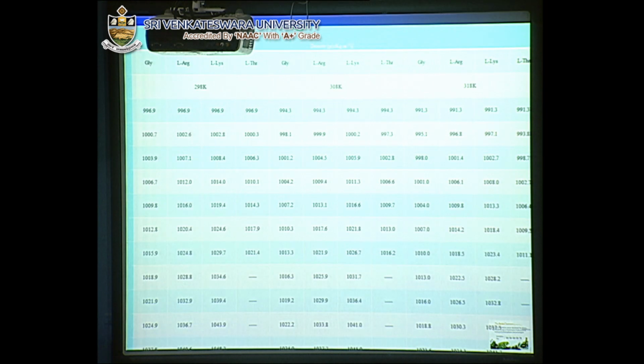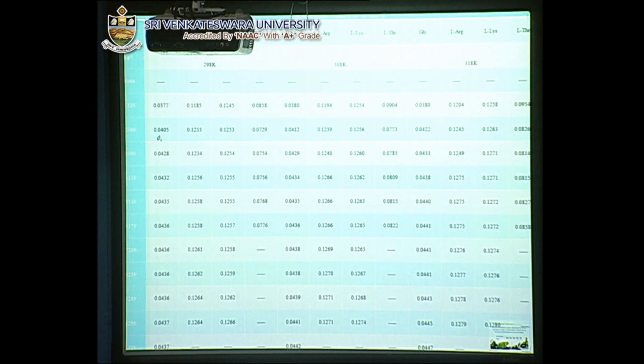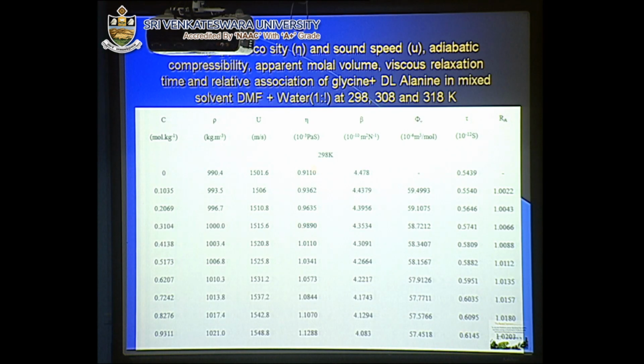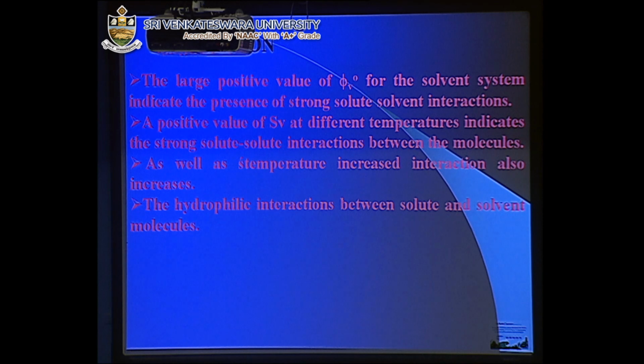This is with glycine, L-arginine, L-lysine, threonine, at three different temperatures. These are the results. And this is with glycine plus DL-alanine in a mixed solvent DMF-water system. This is mixed solvent studies, and in this we conclude that large positive values of phi V zero for the solvent system indicate the presence of strong solute-solvent interactions.